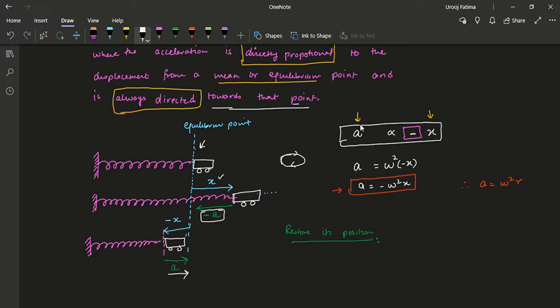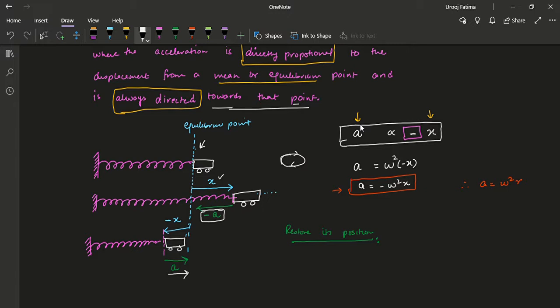So that's our definition. Now, this is called the restoring force in a lot of books as well, because essentially this is the force that tends to bring an object back when it's oscillating.